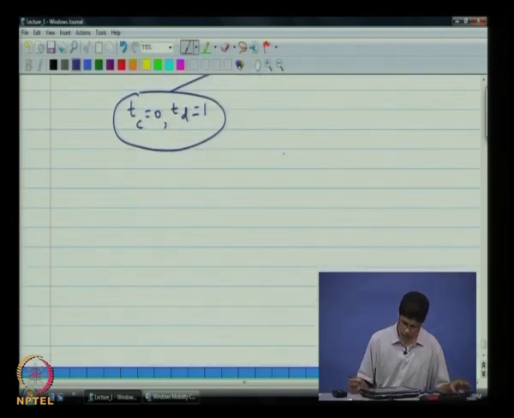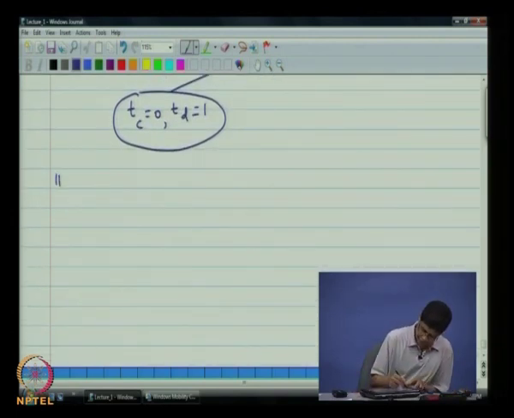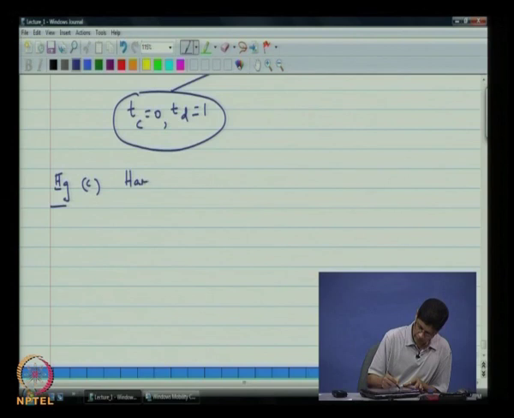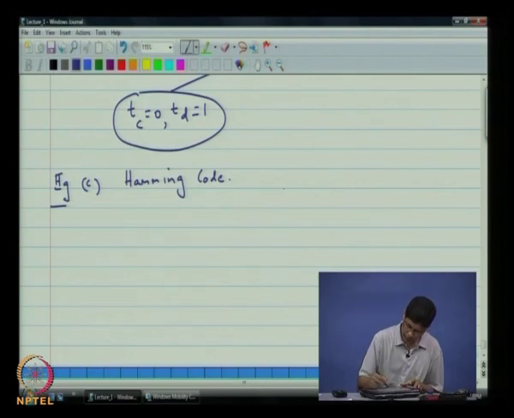Moving on to our third code, example C, which is the Hamming code. In the Hamming code, the minimum distance of this code was equal to 3.